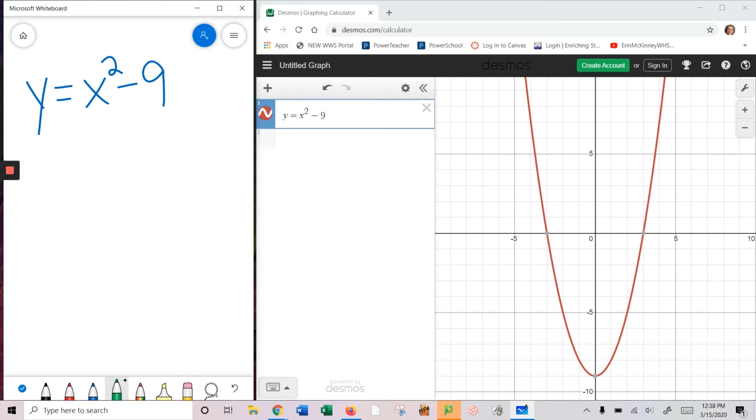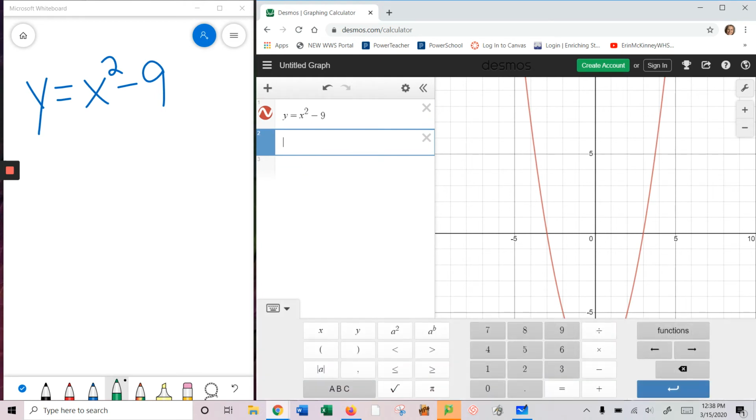So if I look at where this crosses the x-axis, I'm going to add a point here. You wouldn't have to add a point at all. I'm just going to make it so that you can see it show up on your screen. Right? We see that this crosses the x-axis at -3, 0. Okay, so see how a point showed up there? And we also see that it crosses at 3, 0.